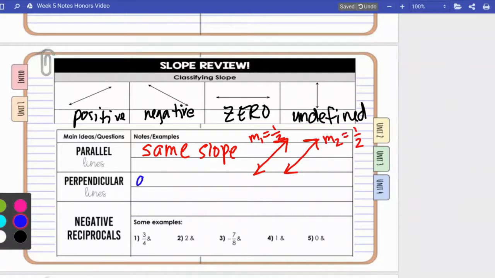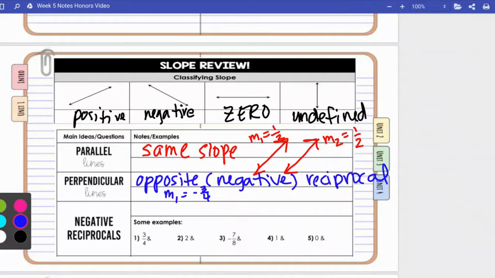They have what we call opposite or negative reciprocal slopes. So if the slope of the first line is negative 3 over 4, the slope of the second line would be positive 4 over 3. The fraction changes signs and then the fraction flips.